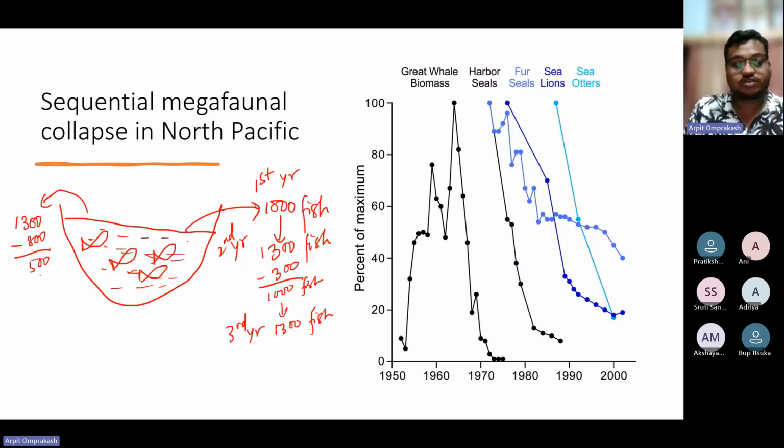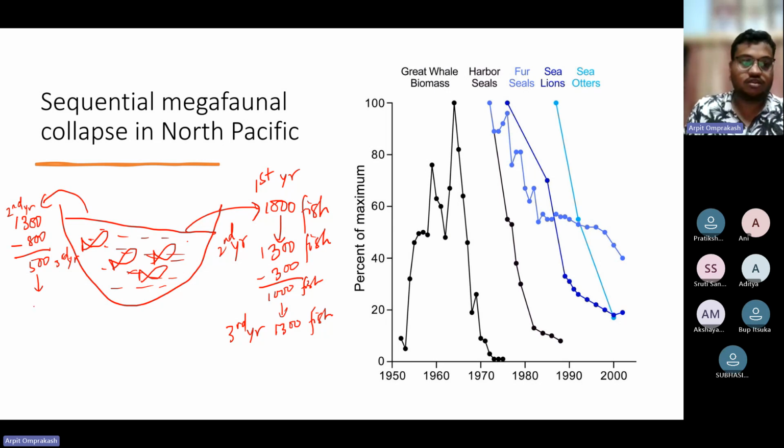These 500 fishes can't produce 1,300 fishes anymore because they are less in number. So let's say they produce 150 fishes. In total, we'll have 650 fishes.